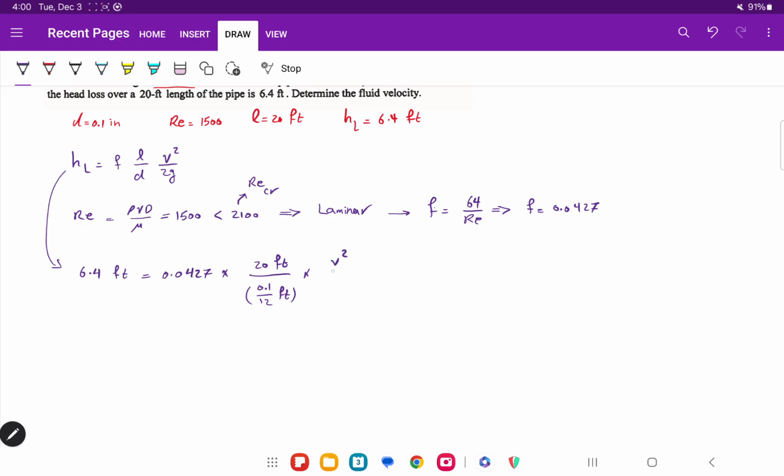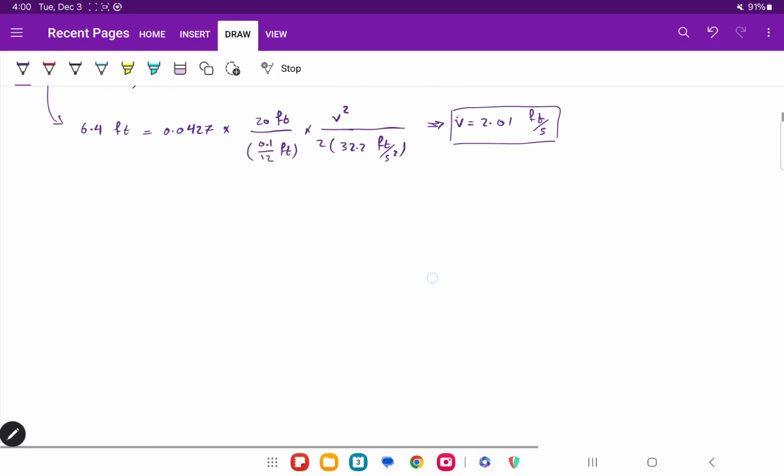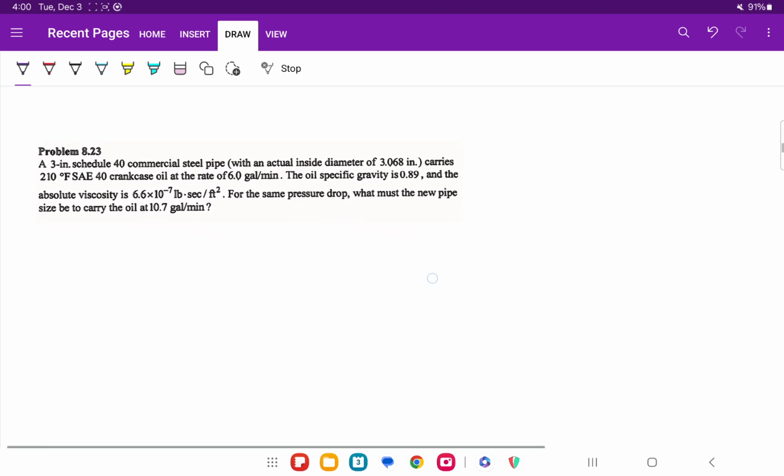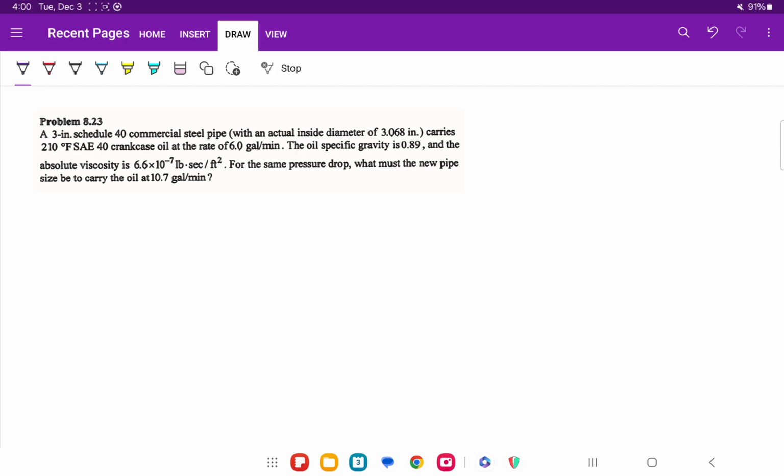Velocity square over 2G, 2 times 32.2 feet per second square. And from this, you can find velocity is 2.01 feet per second. Okay, as I mentioned, it was a really easy problem.